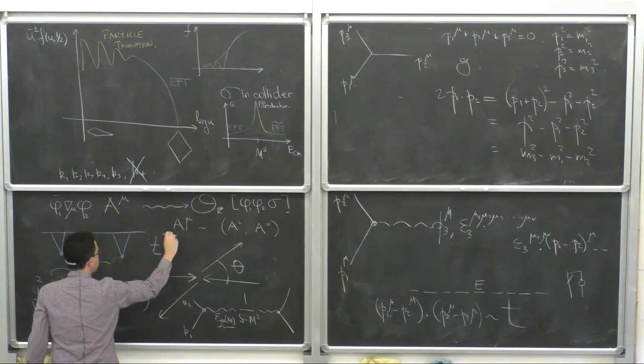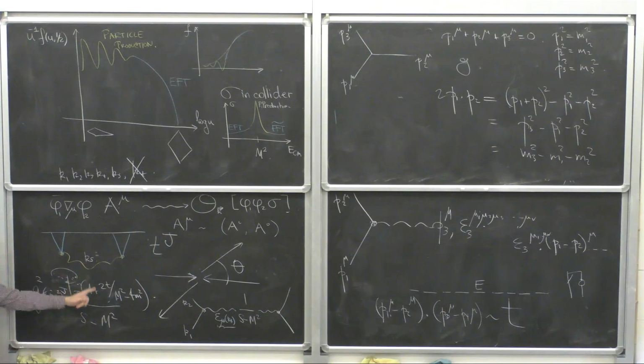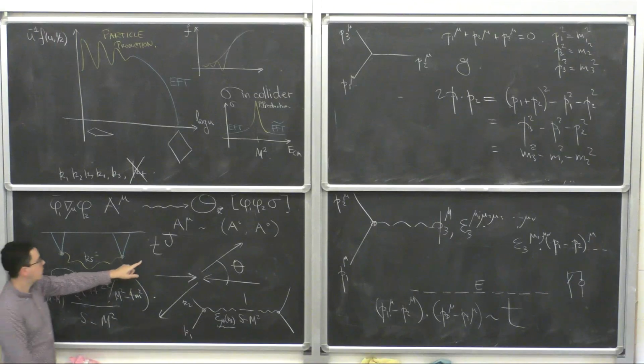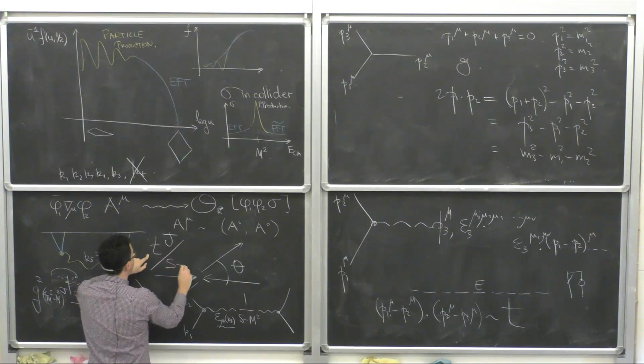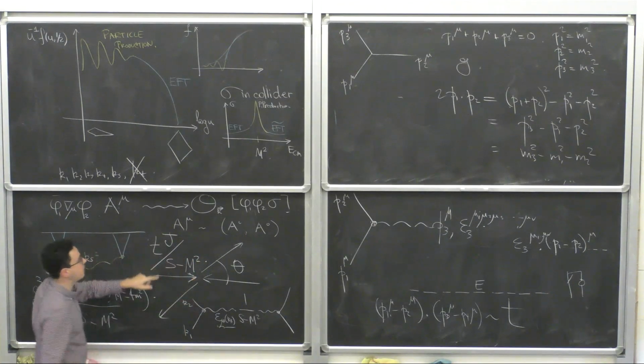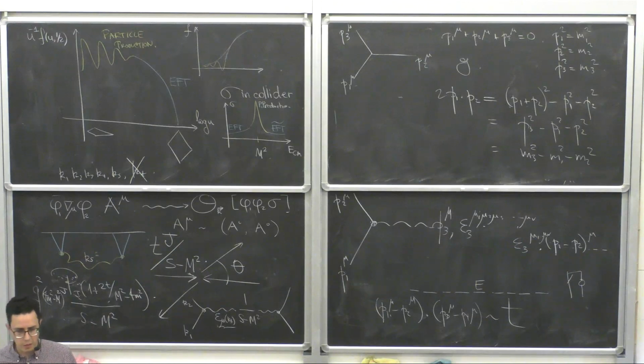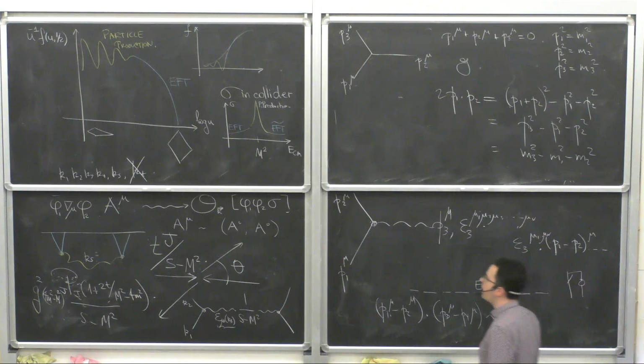It's T to the J, because Legendre polynomial of order J. So something that goes like T to the J divided by S minus M squared is characteristic of exchange of spin J of a resonance of mass M. Okay? That's how you read off the quantum numbers of your particle.